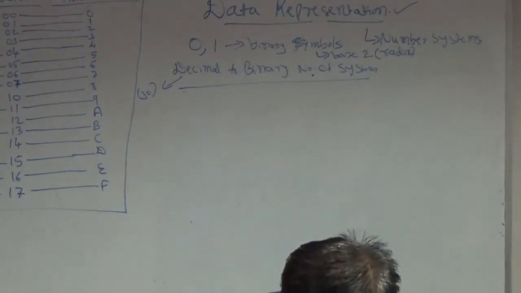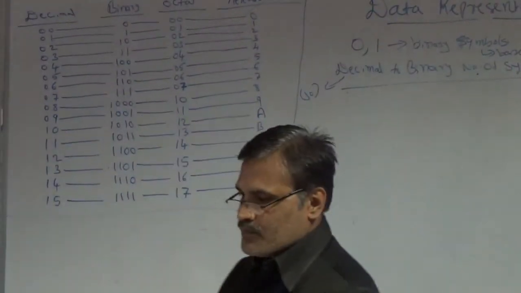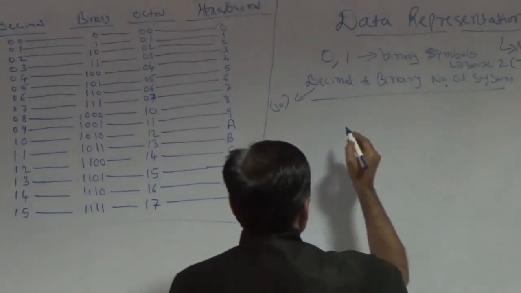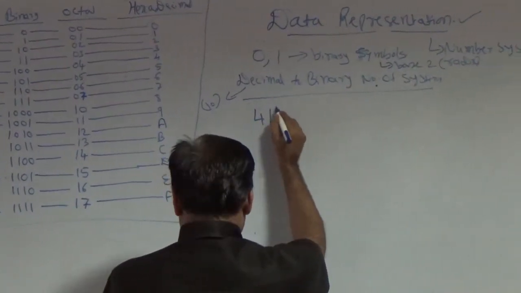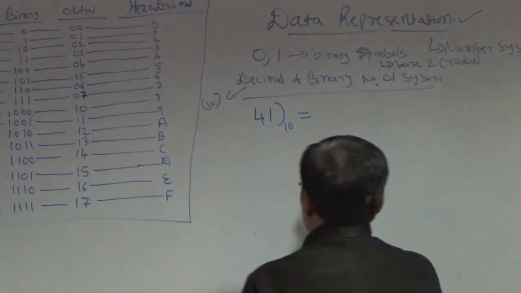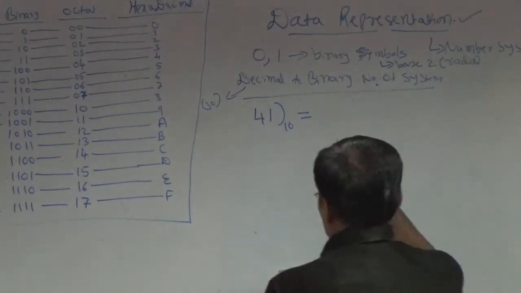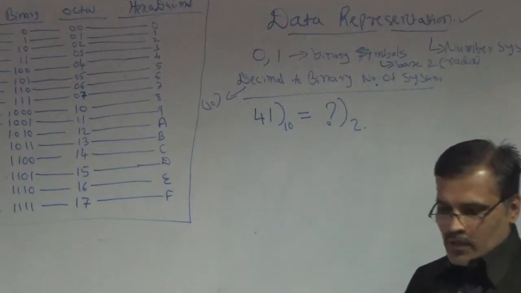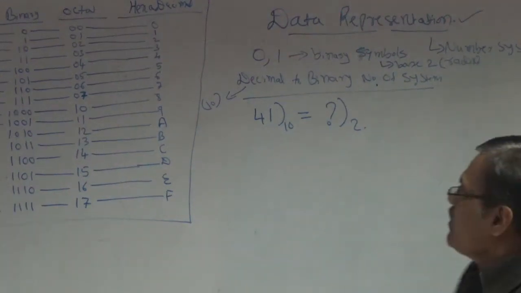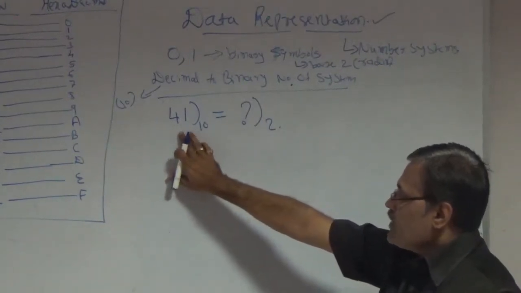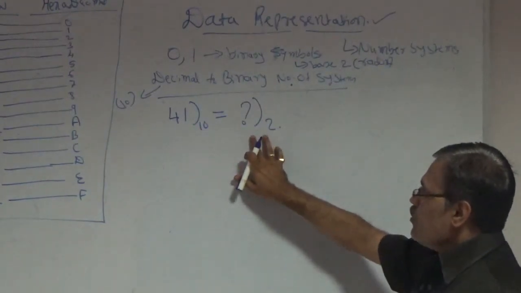Let us begin now with how exactly the conversion takes place. Let us take one example here. I have a decimal number 41, which is represented in decimal format with radix 10. Now I need to convert it to a binary number. So I have a decimal number which is to be converted to binary.